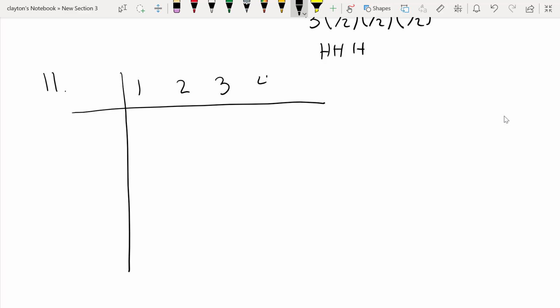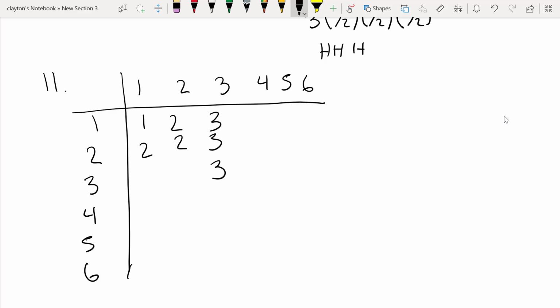So you have 6 numbers here, and we'll fill out the chart in a second. And you're looking at the other 6 numbers. So 2 dice, and you're taking the maximum. So in this case, maximum is 1, and then the chart gets filled out like this. So there's going to be 36 possible options here.